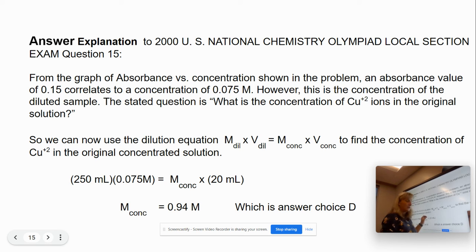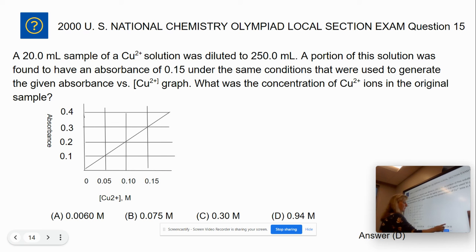But then on the concentrated side, we just have the volume. It was 20 mL used. And then we're solving for the molarity of the concentrated because that is what the question's asking. So when we multiply and divide, we get 0.94. So answer choice D was the correct answer of 0.94, not the 0.075.